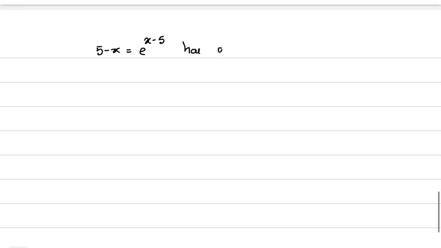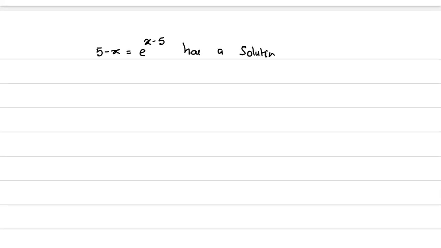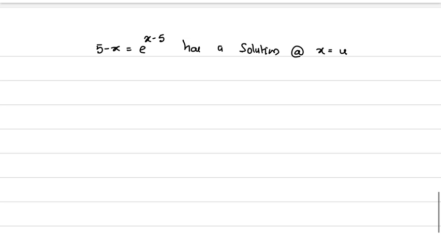Now, we will write the summary. E to the power of 5 minus x is equal to e to the power of x minus 5 has a solution at x is equal to 4.4329, and remember the value of Lambert function W1 is equal to 0.5671.